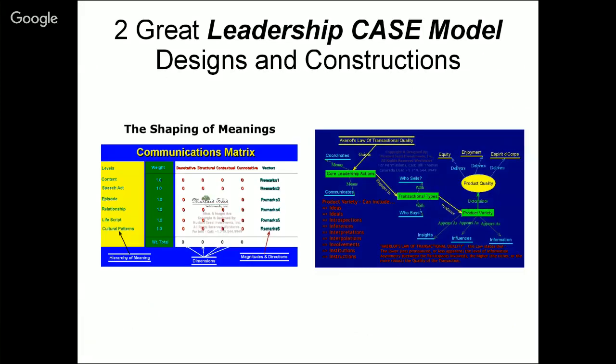I've just provided two great leadership case model designs and constructions. There are more, of course. In fact, we've seen a couple of them already. But the purposes of these two particular design and construction frameworks are to help leaders design, construct, or apply a framework of strategically best leadership practices and positions.